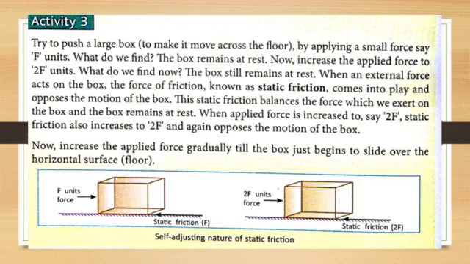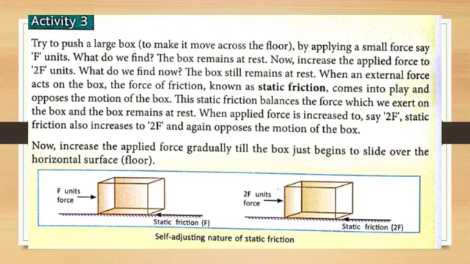It means static friction is the friction which comes into play when a force is applied on an object and it does not move. The force which opposes the movement of the object is static friction. This static friction balances the force which we exert on the box and the box remains at rest.